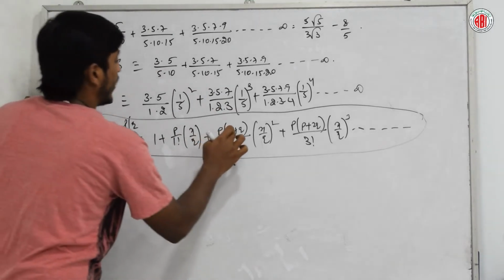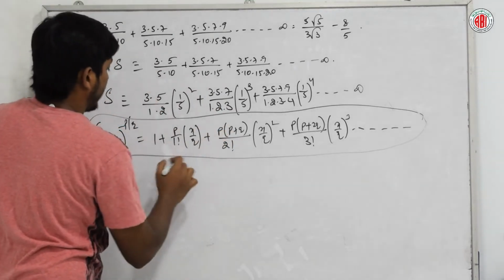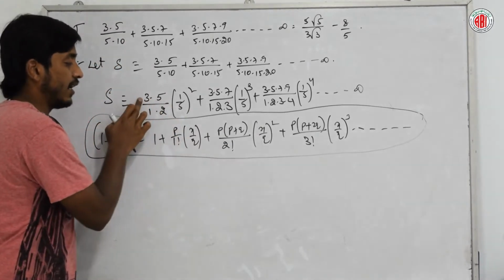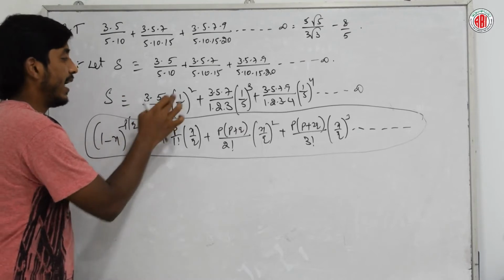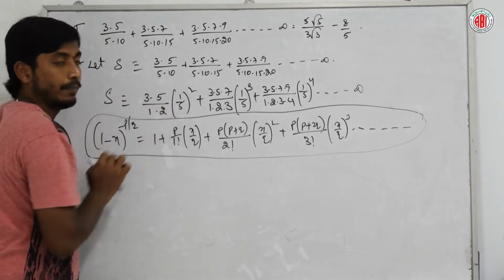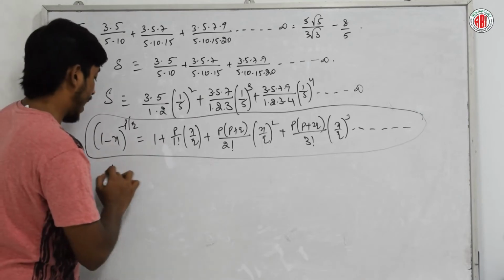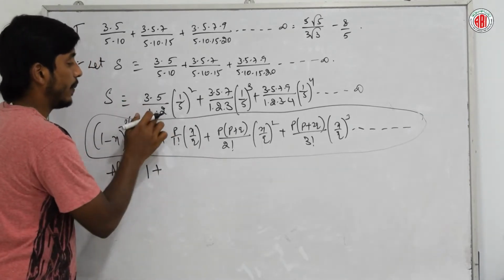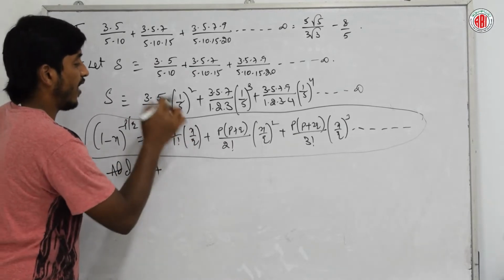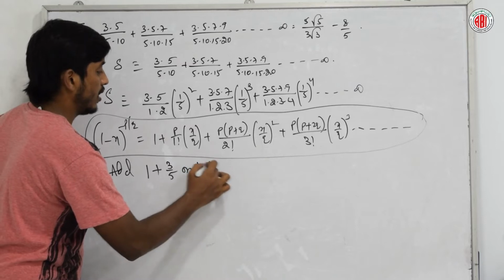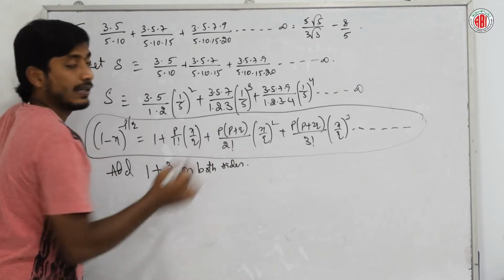So just see here, what is p here? P we have 3, right? X by q is 1 by 5. However, it is plus q. So let me add 1 plus 3 by 5 on both sides.